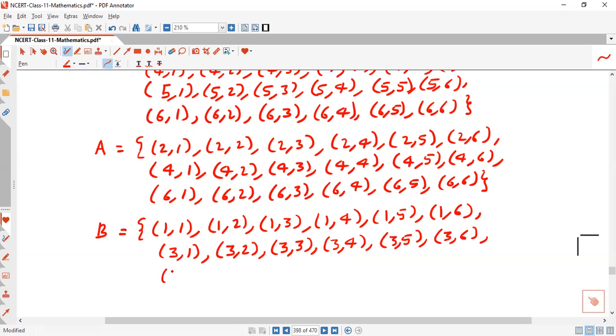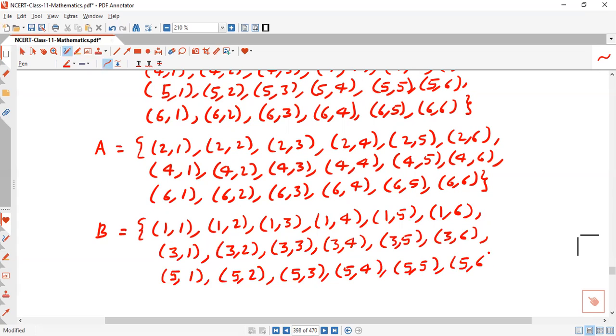Okay. Next 5,1; 5,2; 5,3; 5,4; 5,5; and 5,6. So again the B event, you can say we have 18 elements.